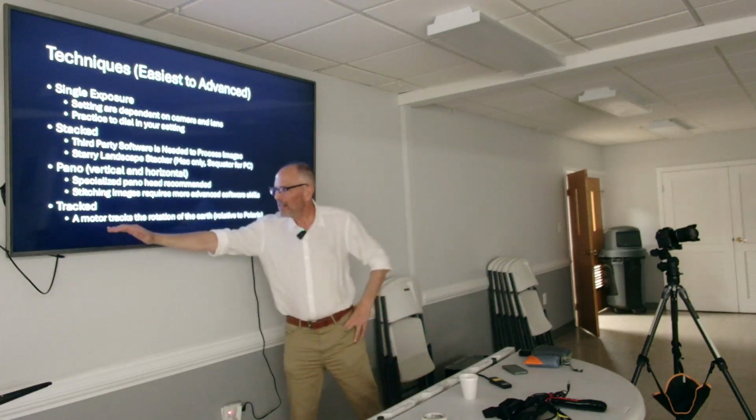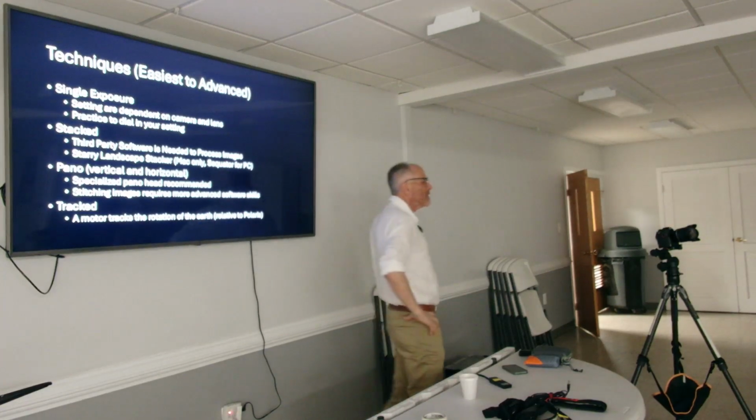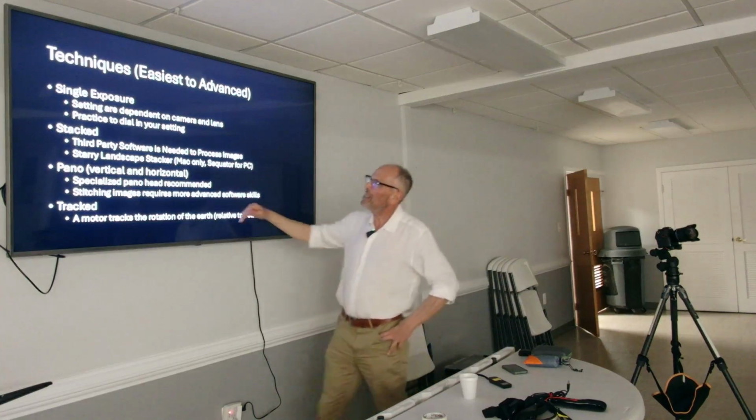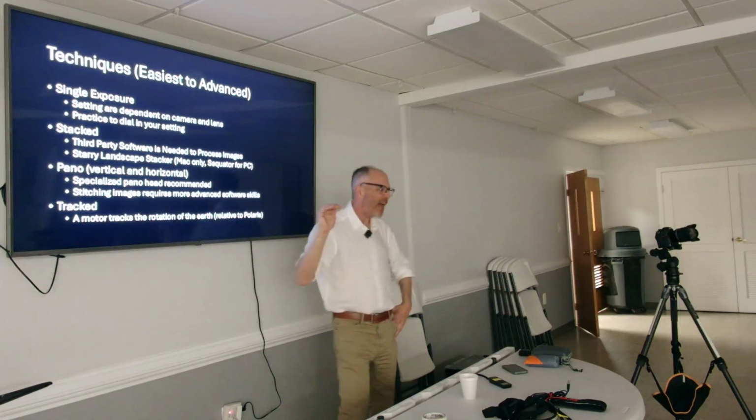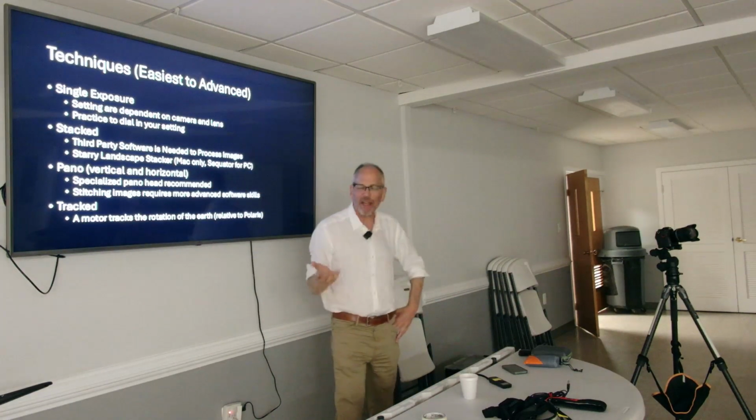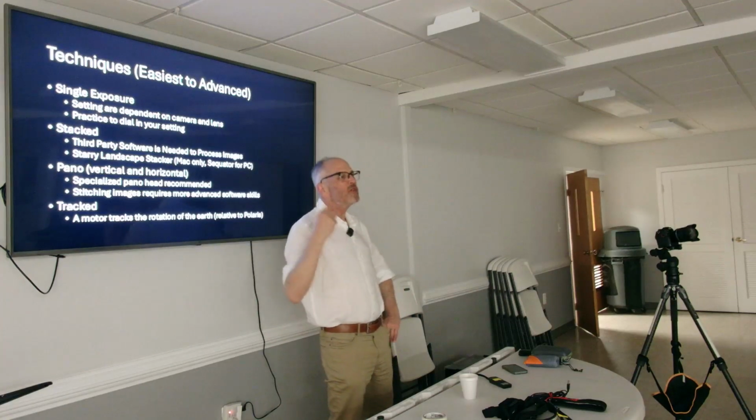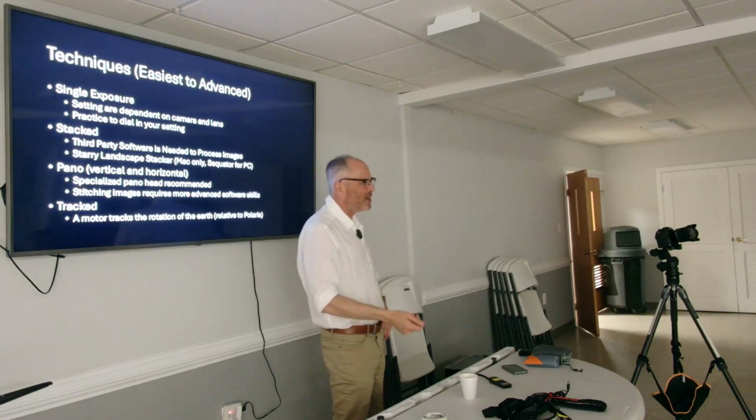And finally, the best way to get the crispest photos is tracked. So remember, the limitation, the thing that says I can open my lens for 20 seconds or less, is that you're trying to avoid star trails, and I'll tell you how we do those calculations.